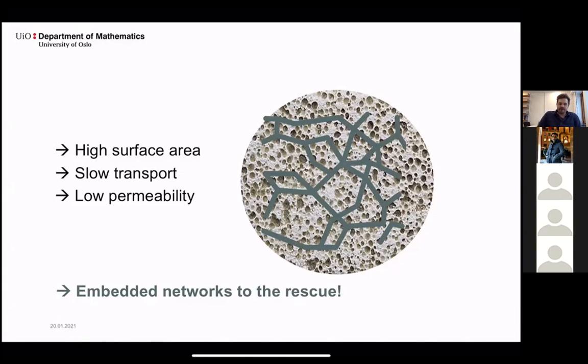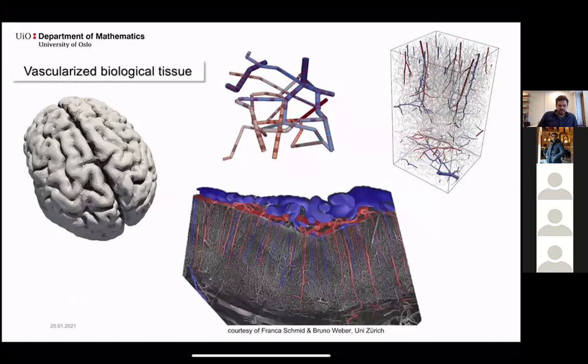And if we make sure that there's also transport from the network to the rest of the porous medium, we can manage to transport substances efficiently from further away points to everywhere in the porous medium. So where does this occur? There are a couple of applications, and I'm just going to go through some.